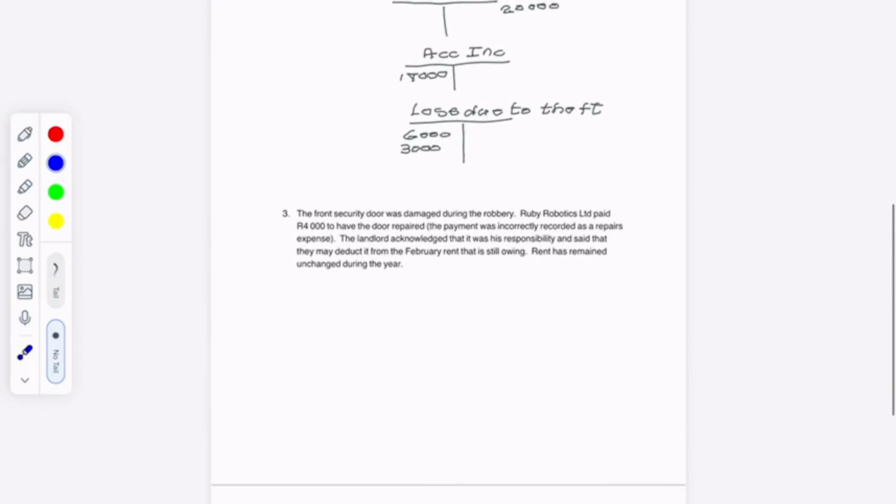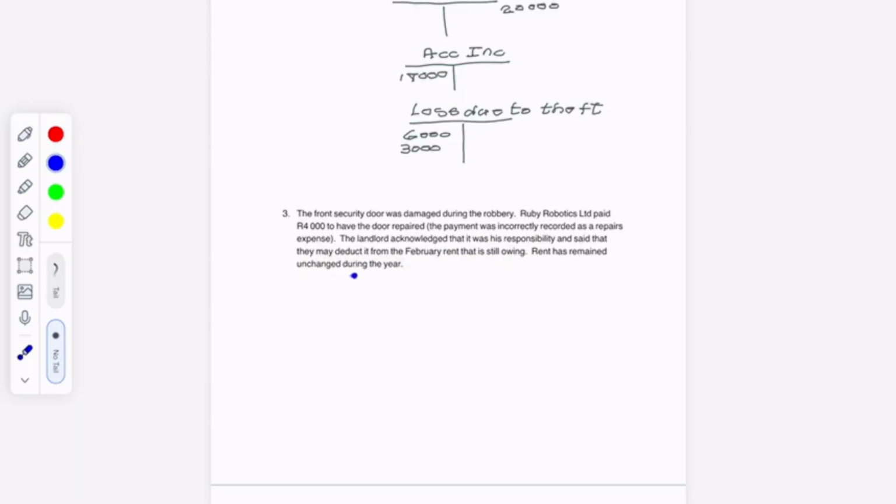And then the last transaction, number 3, the front security door was damaged due to the robbery. Ruby Robotics Limited paid 4,000 Rand to have the door repaired. The payment was incorrectly recorded as a repairs expense. The landlord acknowledged that it was his responsibility and said that they may deduct it from the February rent that is still owing.